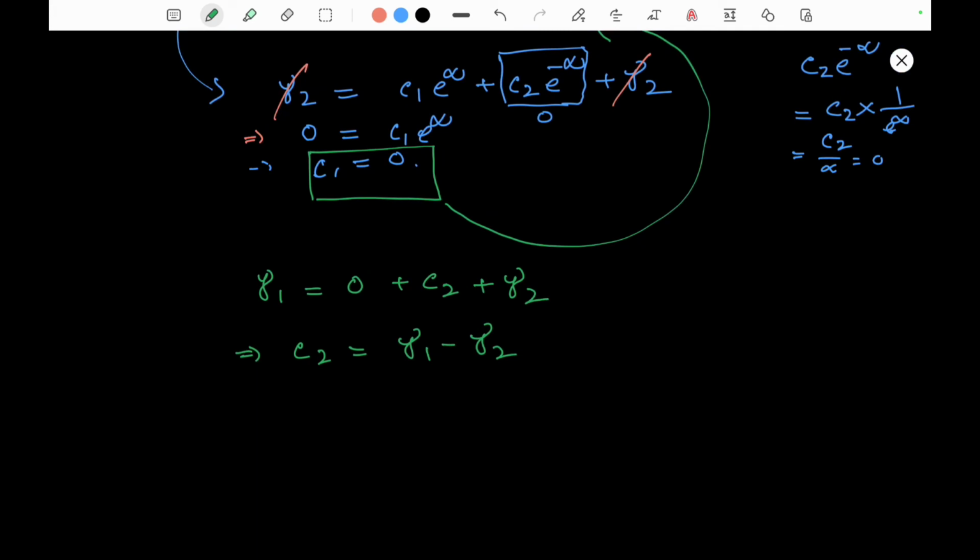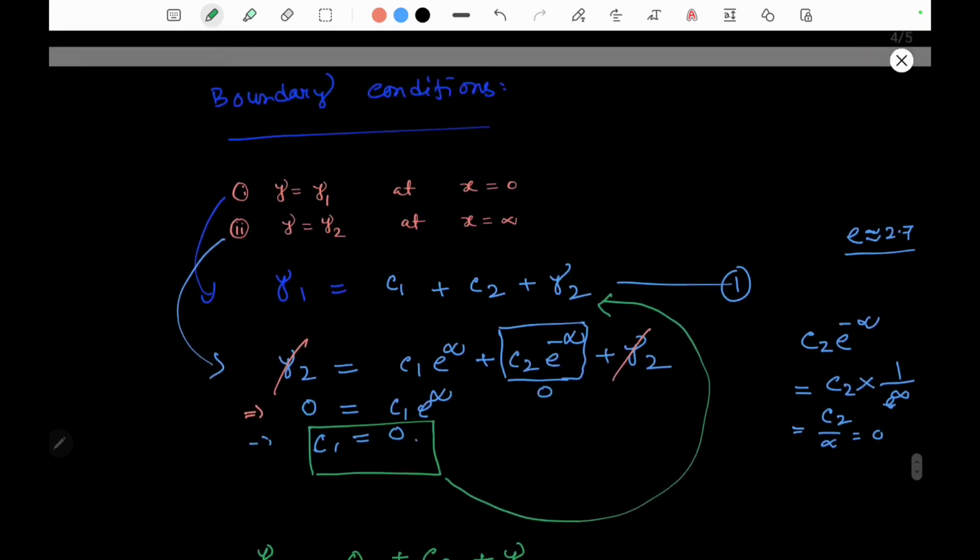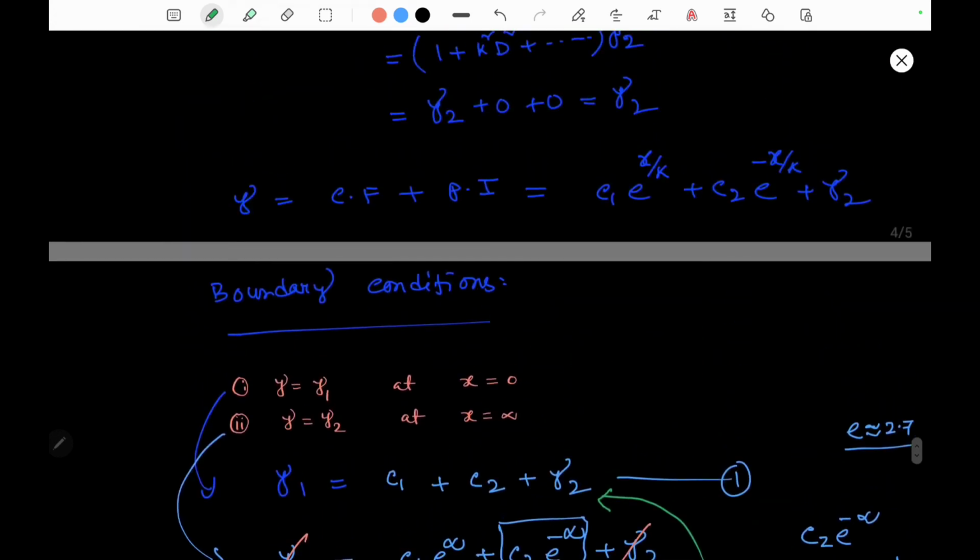Now let's write this in this equation. Okay, we can copy this.